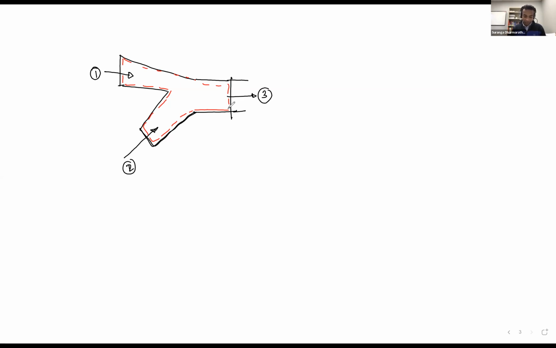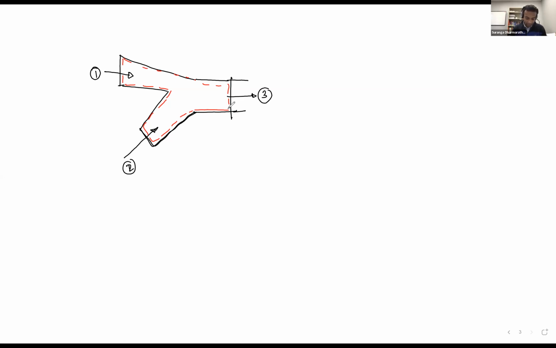Now let's see how we're going to get to those answers. Specific humidity. How do we find specific humidity at 3? Specific humidity is related to the amount of moisture content in the stream. We have discussed that the total mass flow rate is comprised of the dry air mass and the vapor mass.